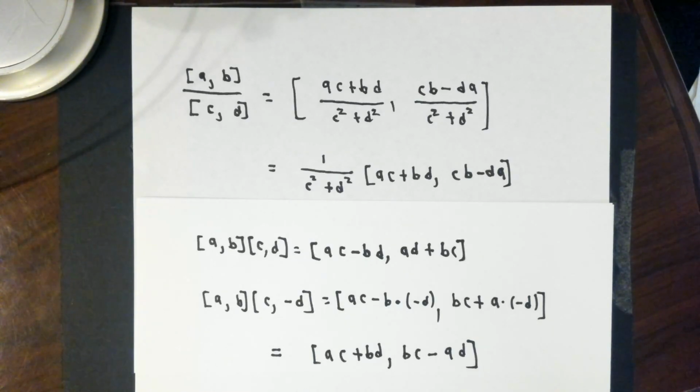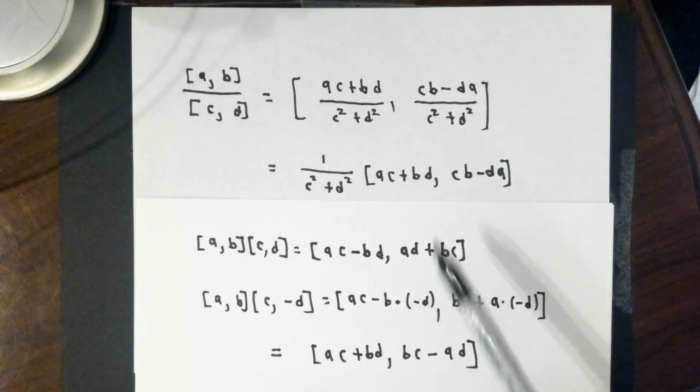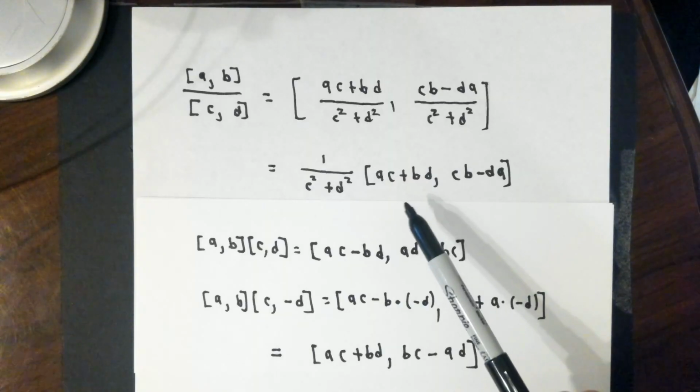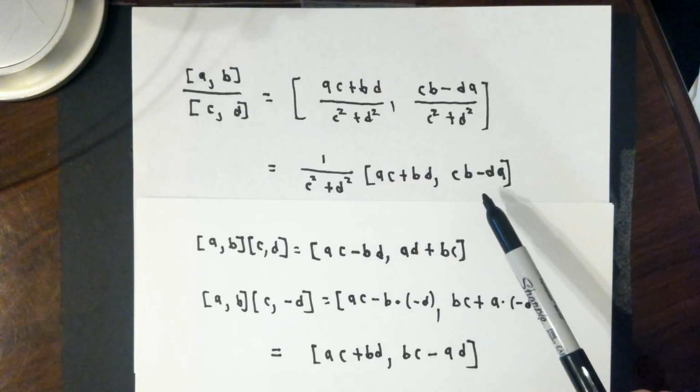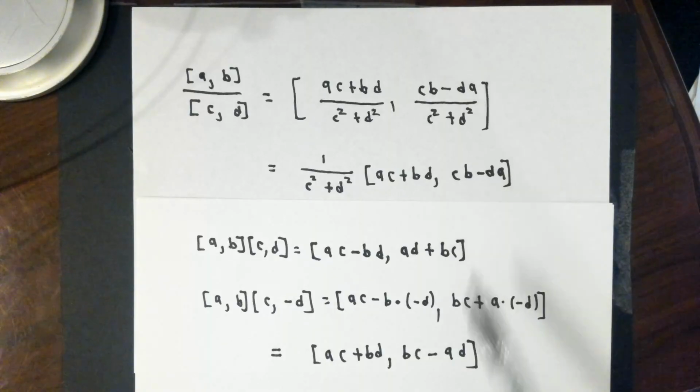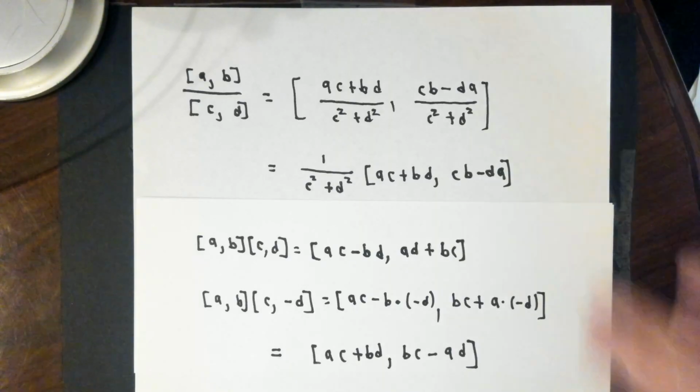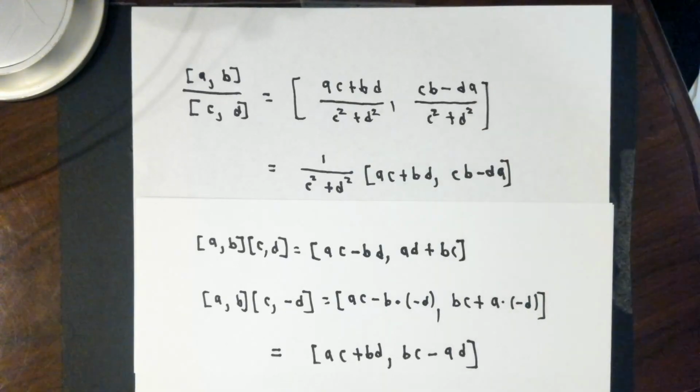After working through the arithmetic, I get AC plus BD, BC minus D times A. This bracket quantity is a product of two things out of K, one of which is the top of the fraction that we're trying to figure, and the other one has been altered a little bit.